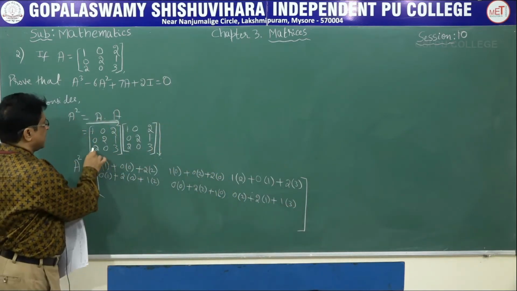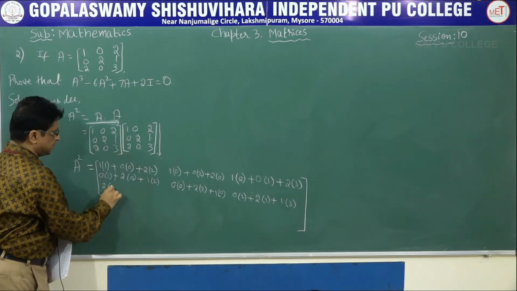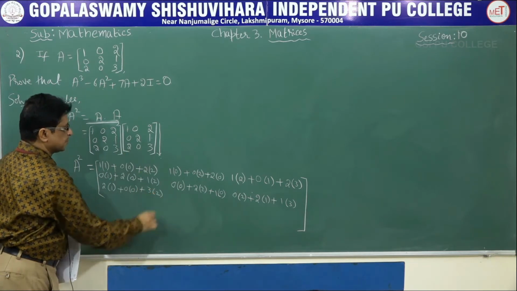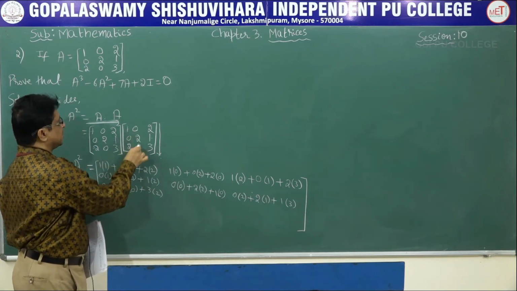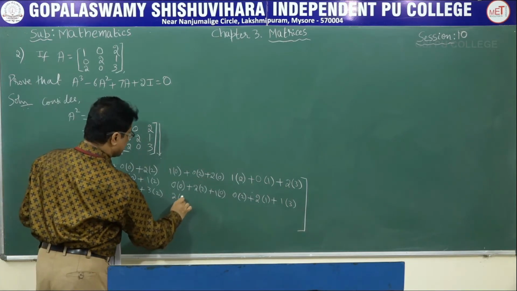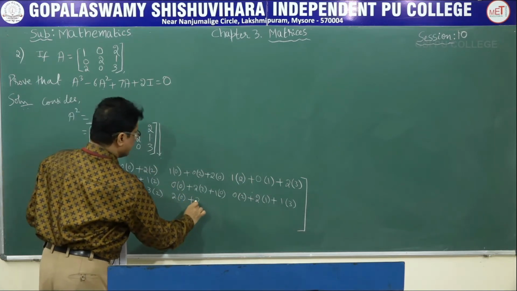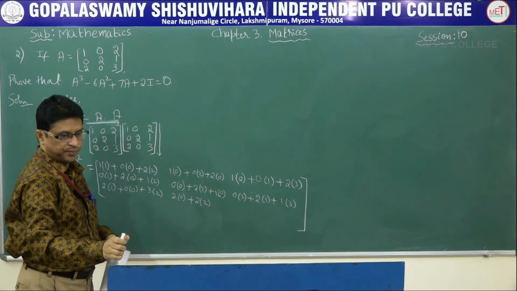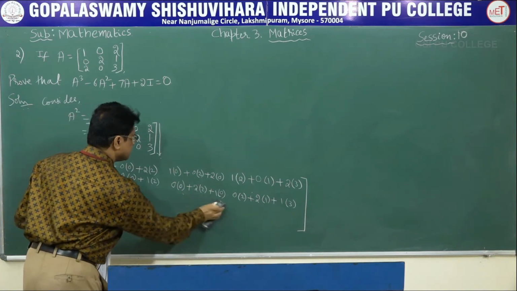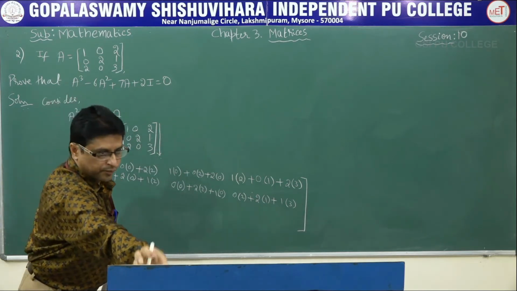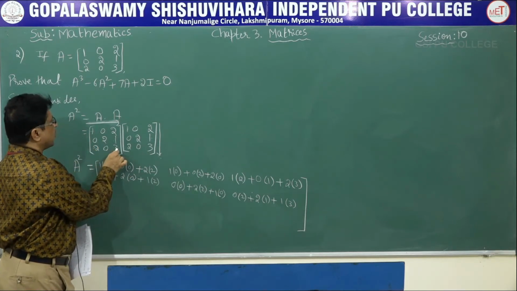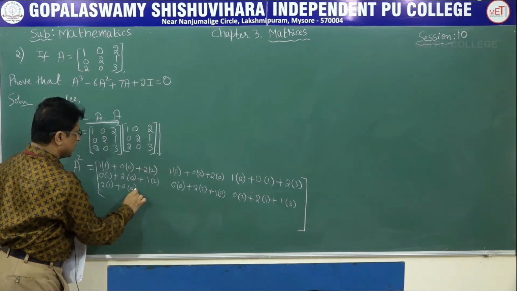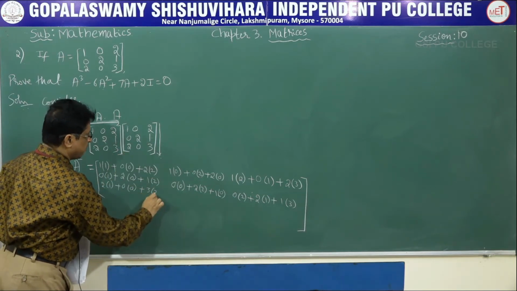So next we pass on to the third row. Third row into first column, 2 into 1 plus 0 into 0 plus 3 into 2.